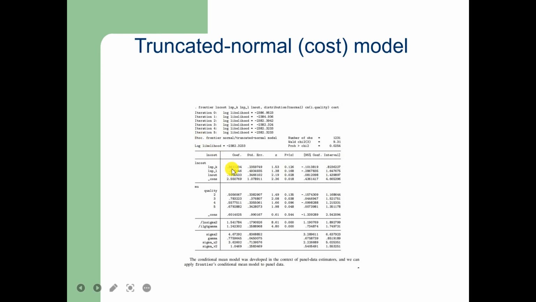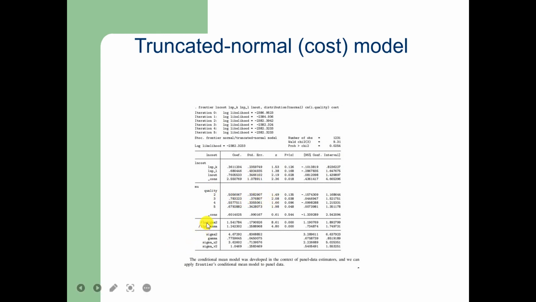This is the coefficient of the log transformed price of capital, which is insignificant. Then we have the coefficient of the log transformed price of labor, that is also insignificant, and the coefficient for the log transformed output is significant. And then we have coefficients for the various categories, and except this one, all other coefficients are insignificant.